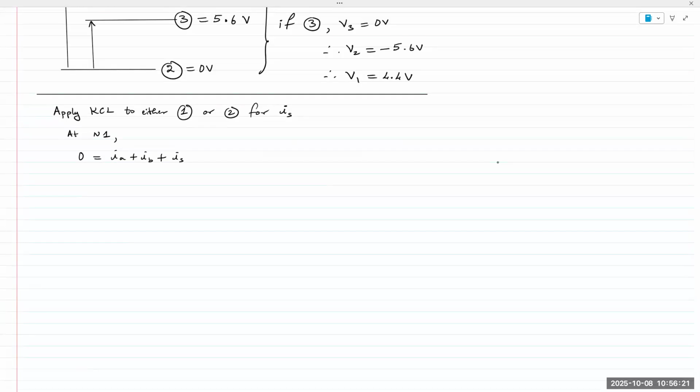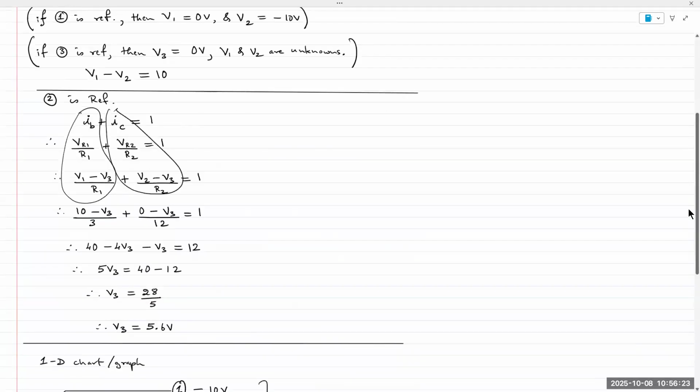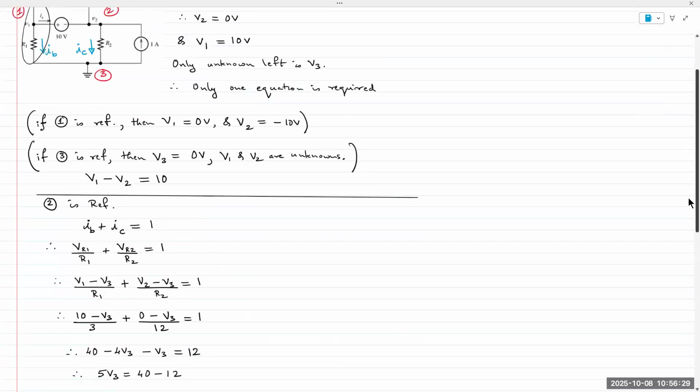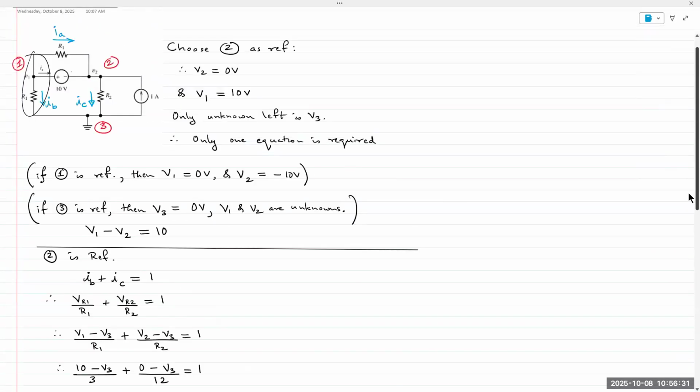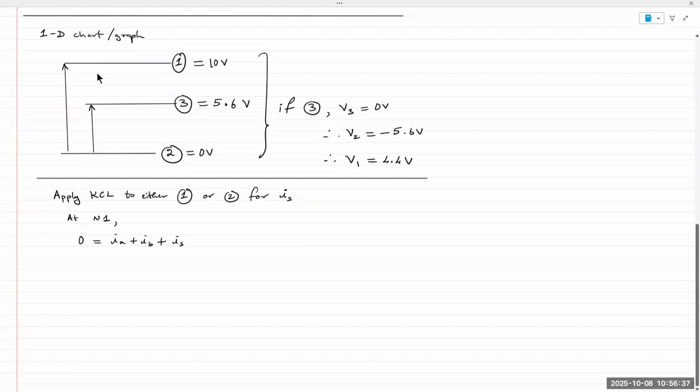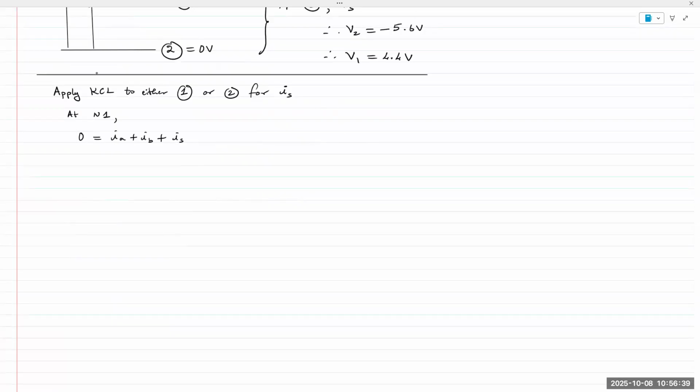IA and IB can be determined from here, right? Actually, I don't have IA, but I have V1 and V2. So I need to find IA first. So this is going to be V1 minus V2 over R1.